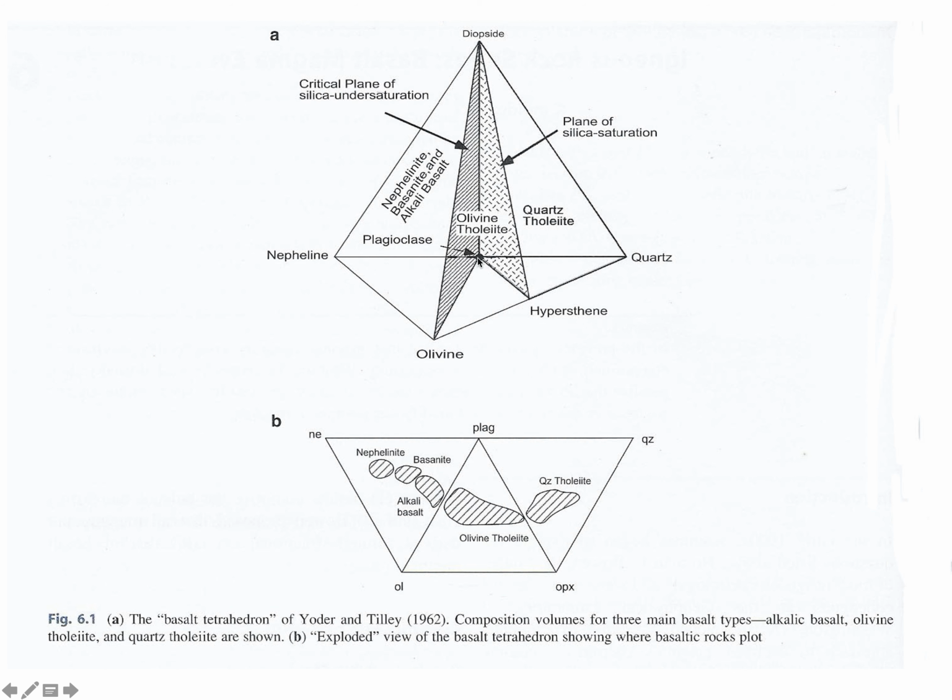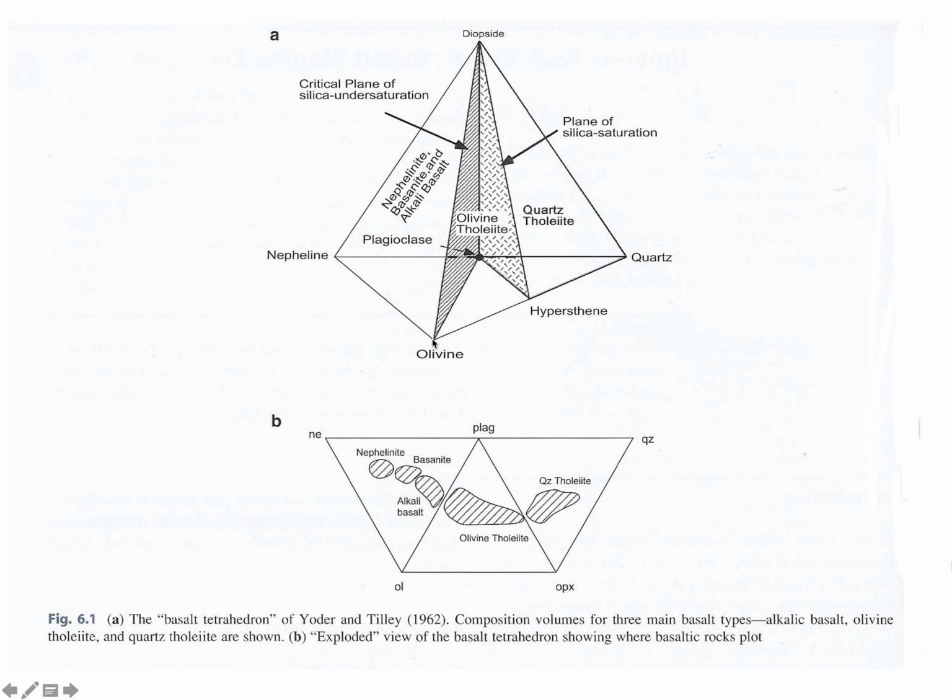So here we have the olivine tholeiite: olivine, hypersthene, diopside, plagioclase. And if you go to that side, we have the very silica undersaturated rocks, which consist of nepheline. We have nepheline, olivine, plagioclase, diopside.